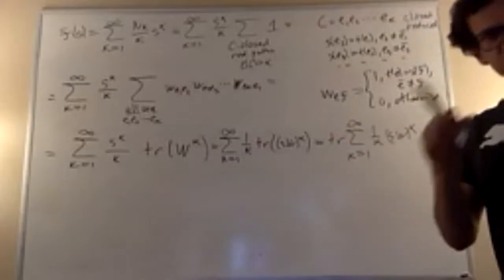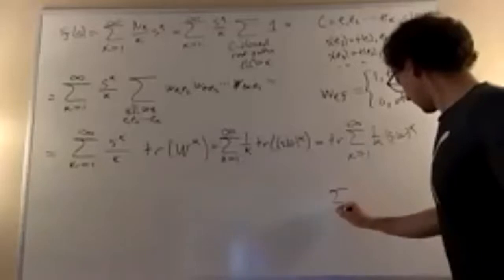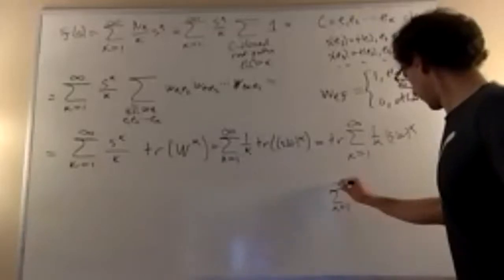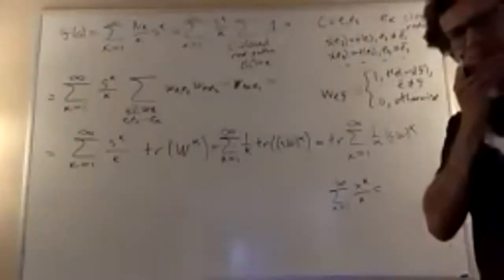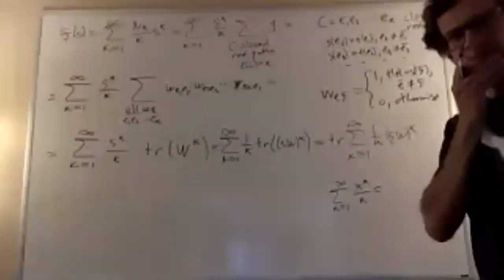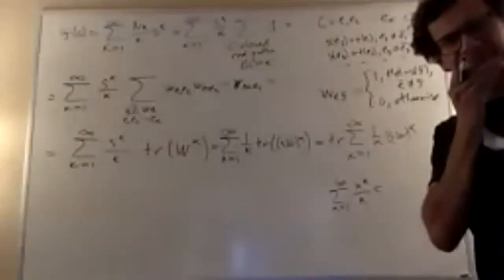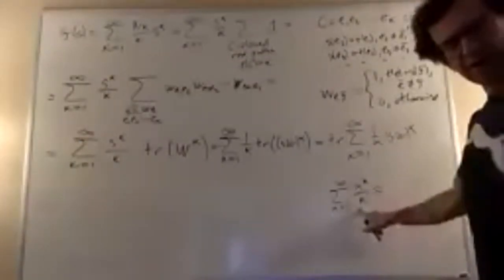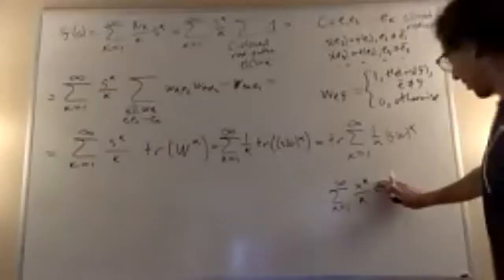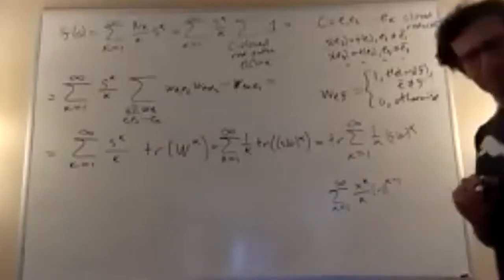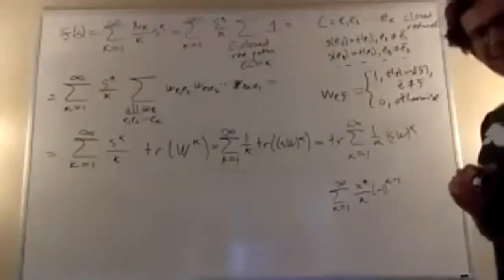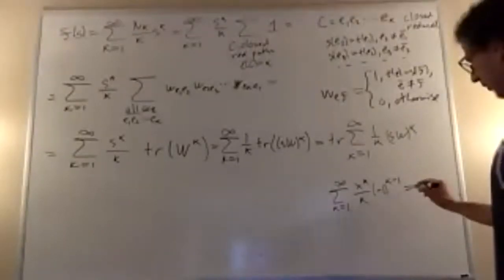Now here's another question. What is the sum from k equals 1 to infinity of x to the k over k? E to the x. Sorry? E to the x. There's a k here, not a k factorial. All right, let me make it a little easier. What if there's a (-1) to the k minus 1 here? What does that sum to?